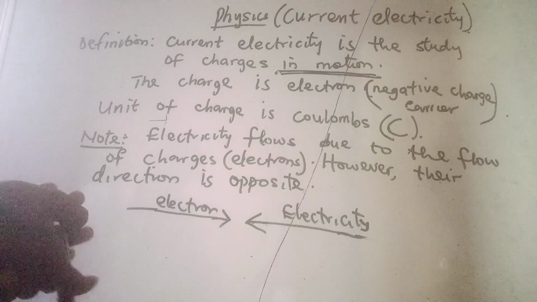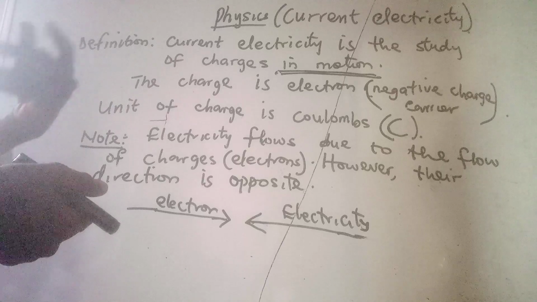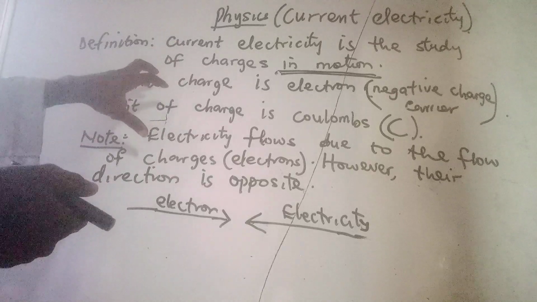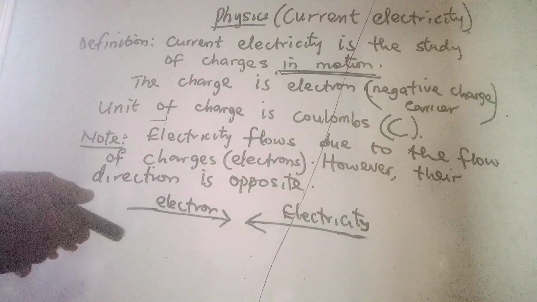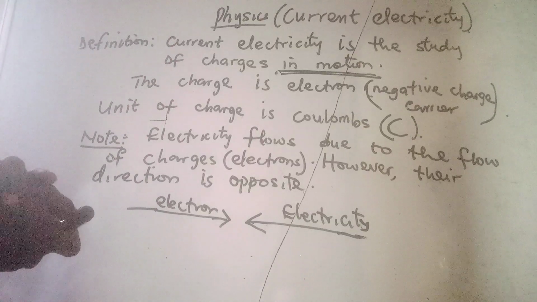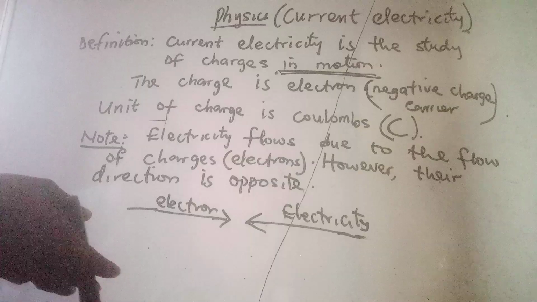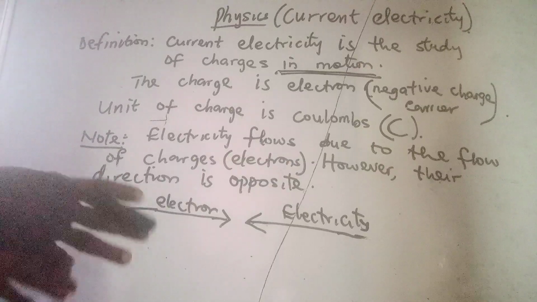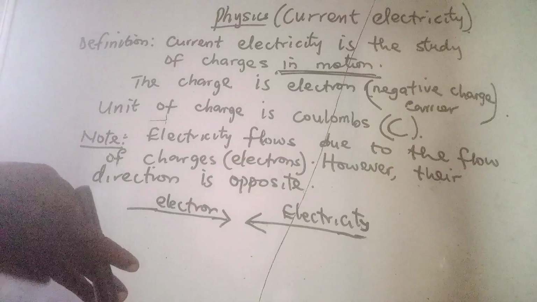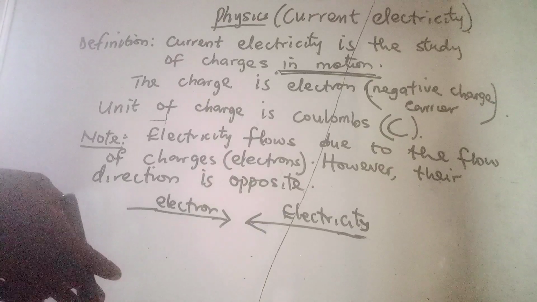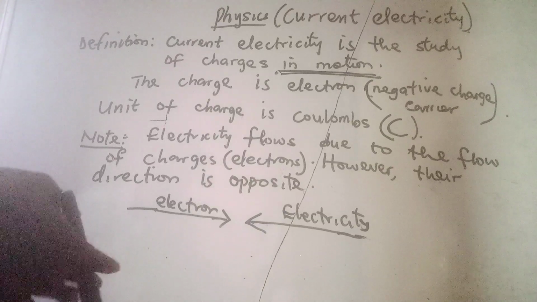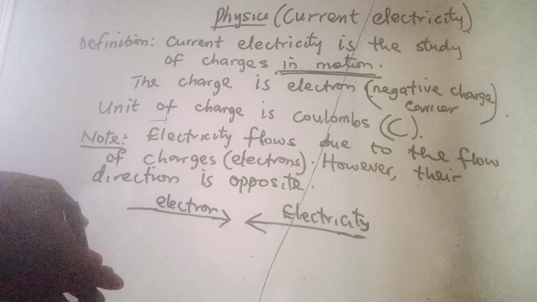So, the charges that we are dealing with under this concept of current electricity are called electrons. Though we have two types of charges, the positive and the negative. The positive charges are called protons and the negative charges are called electrons.